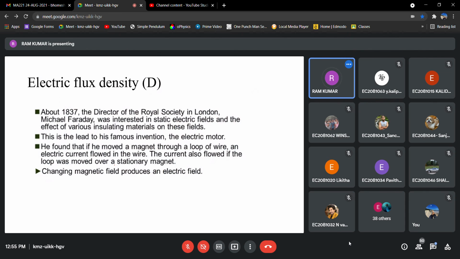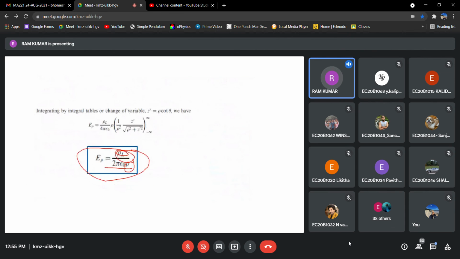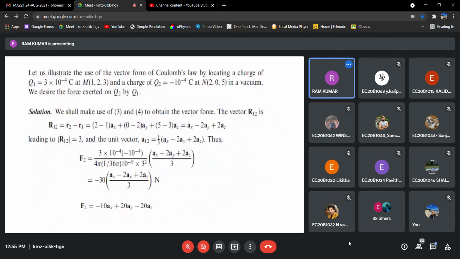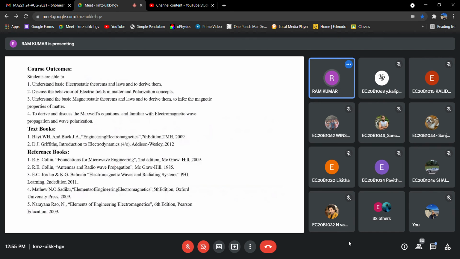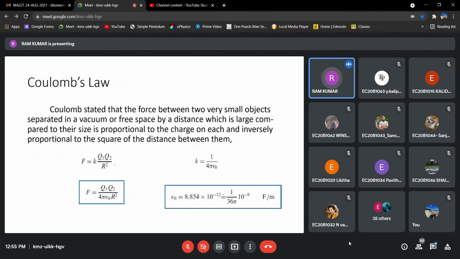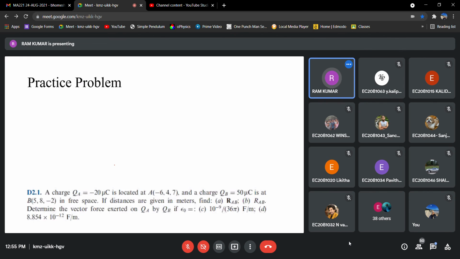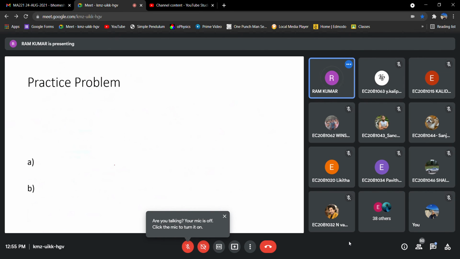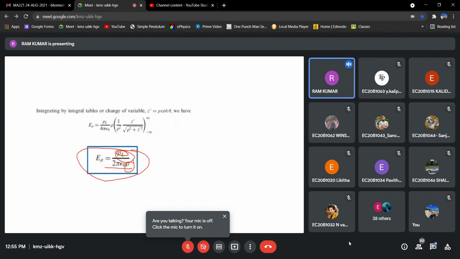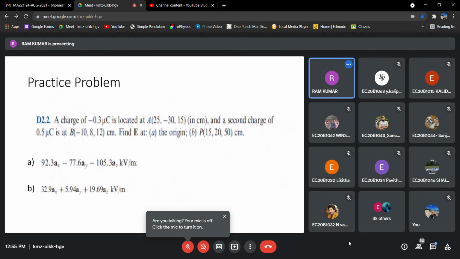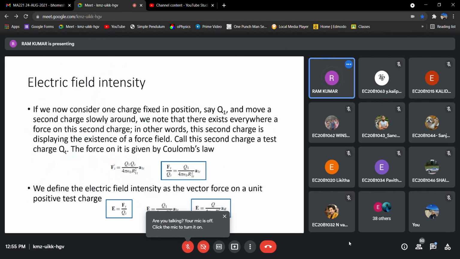Next class: electric flux density. We went through Coulomb's law very well. Similarly, the electric field intensity is the vector force on a unit positive test charge.